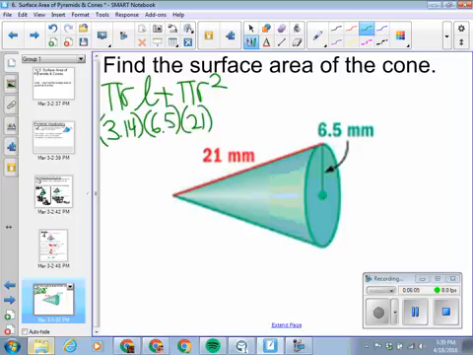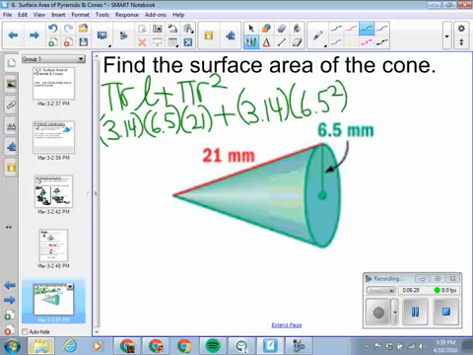This will give us the area of the lateral part. And then we're going to add that to the area of the circular base. So pi is 3.14, and the radius squared, so 6.5 squared. Go ahead and calculate that.